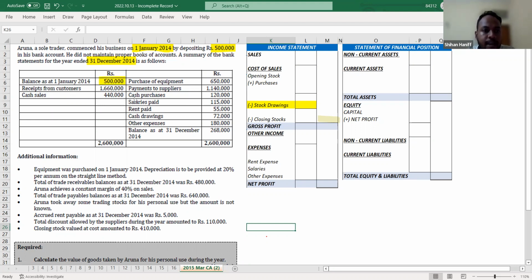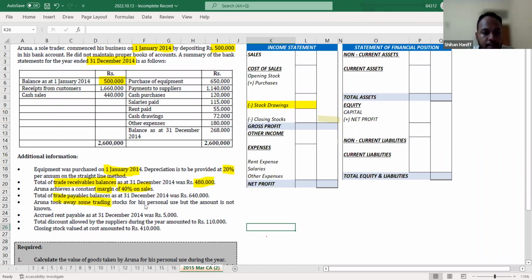Received from customers, cash sales, purchase of equipment, right? Additional information. Equipment was purchased on 1st of January. Depreciation 20%. Total trade receivables 480. 40% on sales margin.